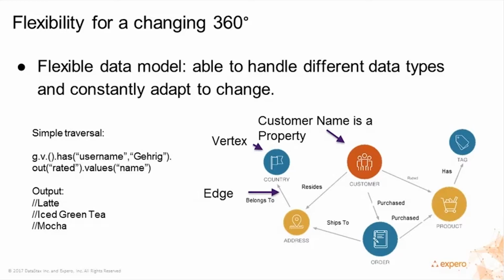Being able to constantly change that on the fly, adapt that model, and build off of it is very easy to do with the very expressive Gremlin query language. This is just a simple traversal that we have here, but there are many, many more traversals and types that you can play with, so that you'll be able to manipulate that data however you need to support those end users and those use cases that you have. So flexibility, number one thing.